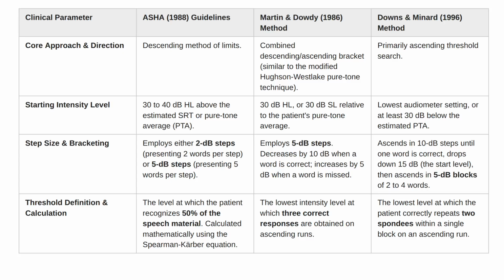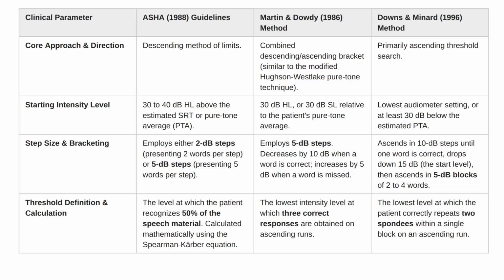Starting intensity level for the ASHA method is 30 to 40 dB HL above the estimated SRT or at the pure tone average. It employs either 2 dB steps or 5 dB steps, using either 2 words per step or 5 words per step.